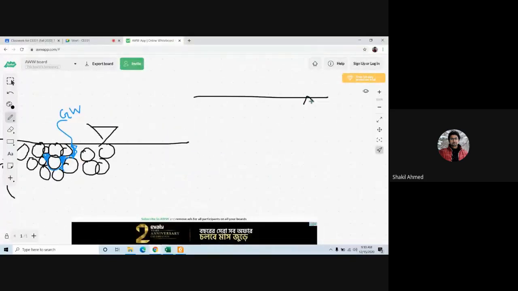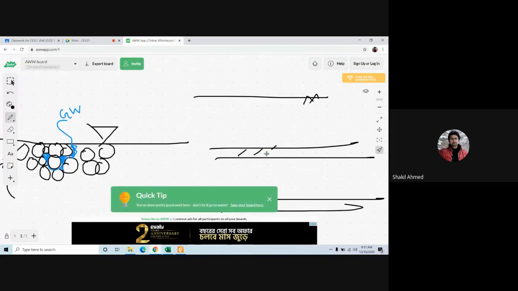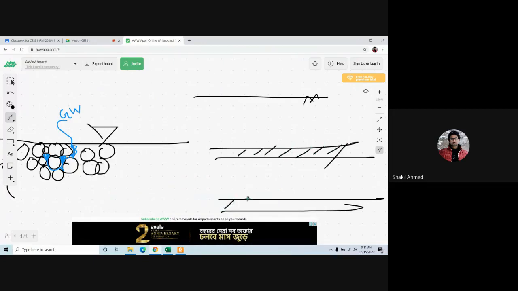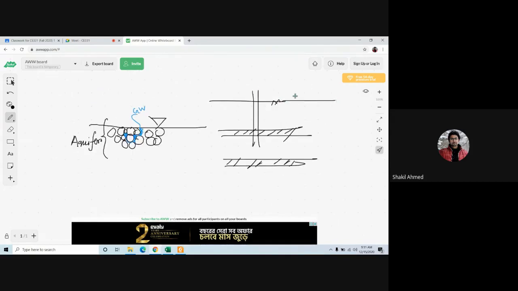So the ground surface, this is the impervious layer, this is another impervious layer. This is solid rock, and this is your tube well here, and a tube well here. As you can see, the water level is here, and the water level is here.